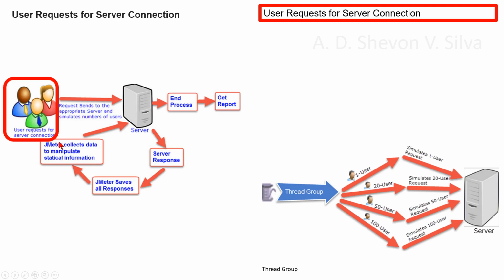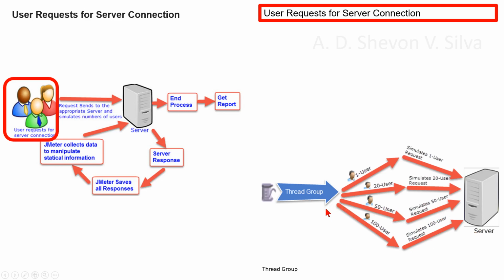User requests for server connection. Here you can see the thread group. A thread group defines a pool of users that will execute a particular test case against your server.